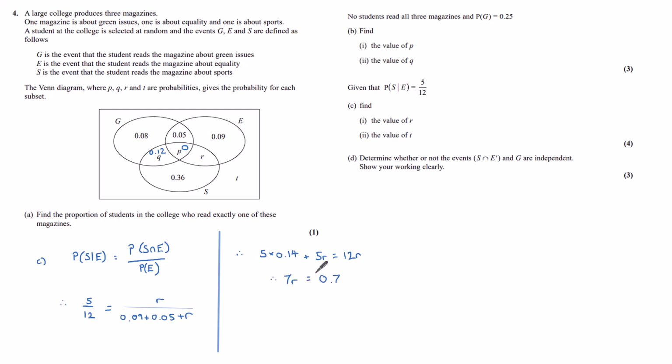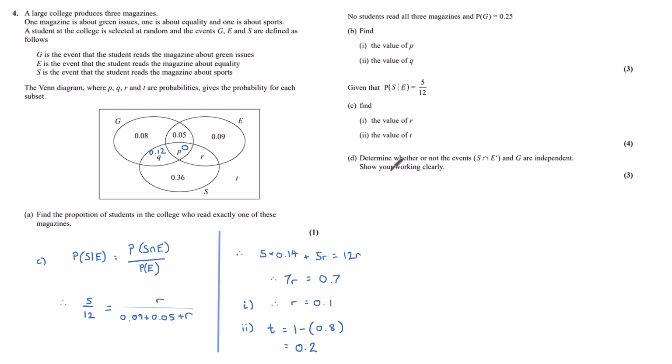Simplifying this and subtracting 5R from both sides gives us 7R is equal to 0.7, which gives us an R value of 0.1, which is part I. Part II, the value of T is going to be 1 subtract all of these other values. And all those values add up to 0.8, and so 1 minus 0.8 gives us a T value of 0.2.